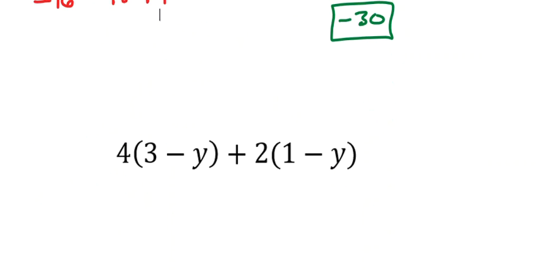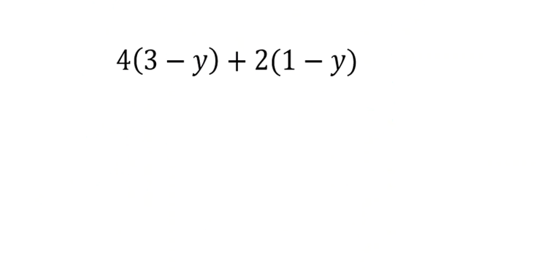I wanted to show you one with variables in them, because a little bit of distributive property here when we have to use it is always good. So we have 4 times the quantity 3 minus y, 2 times the quantity 1 minus y.